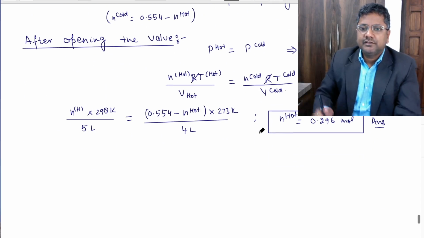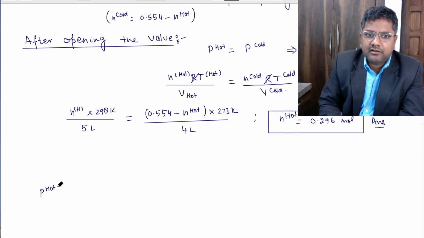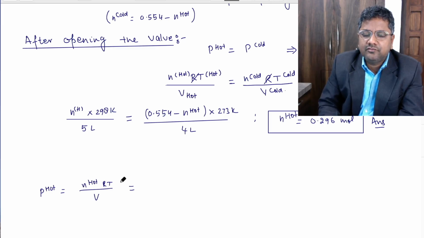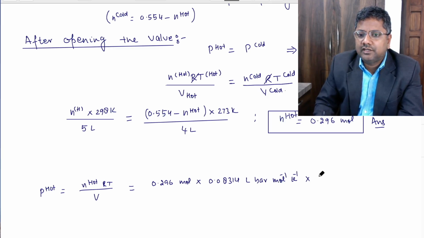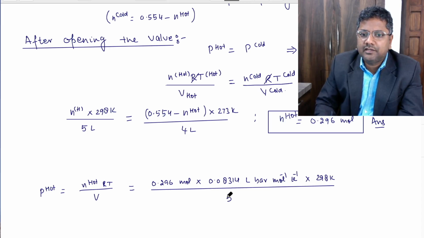Now P hot is equal to N hot RT by V. So this is equal to N hot is 0.296 moles multiplied by 0.08314 liter bar per mole per degree Kelvin, and 298 Kelvin whole divided by 5 liters.